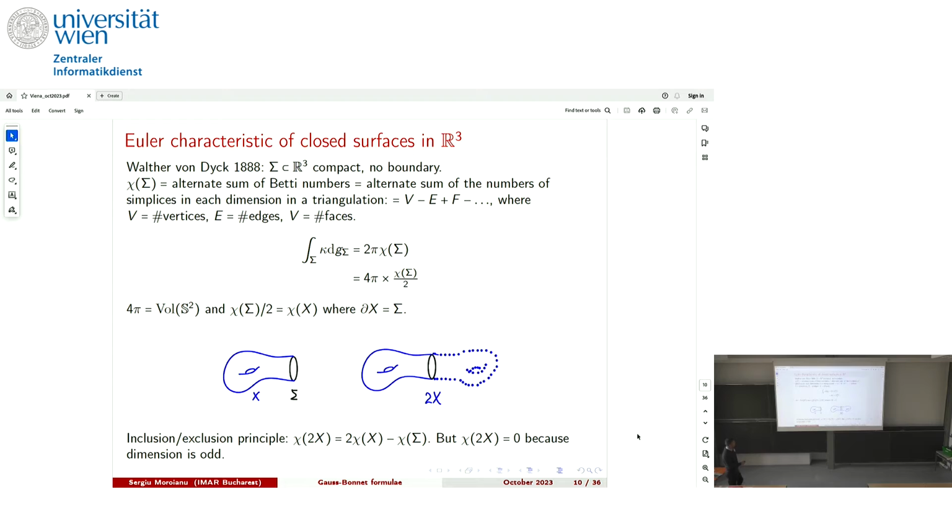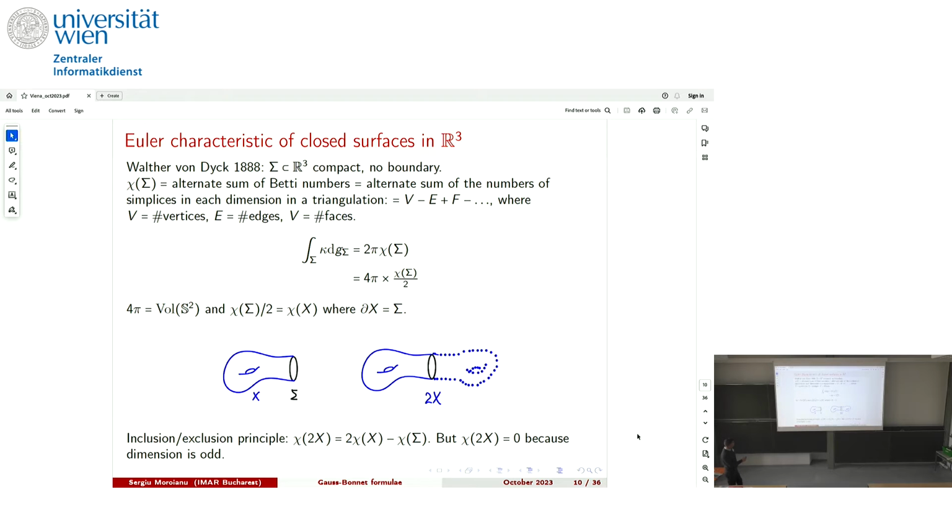Why is that? Because if you view your surface as the boundary of some 3-dimensional X, then an easy topological argument tells us that the Euler characteristic of X is half of the Euler characteristic of sigma. So here, in fact, we get the Euler characteristic of X. This should be the more natural way of seeing the von Dyck formula.